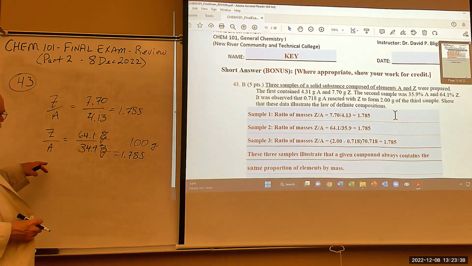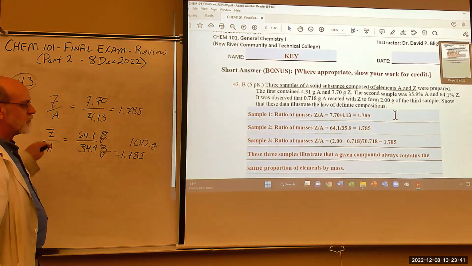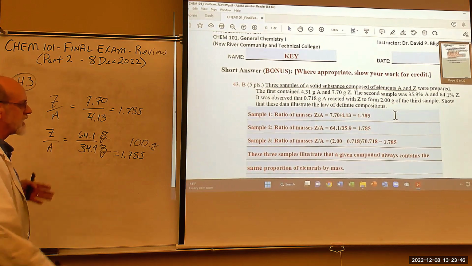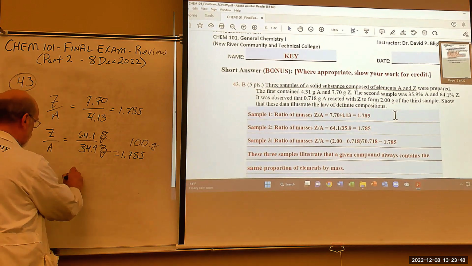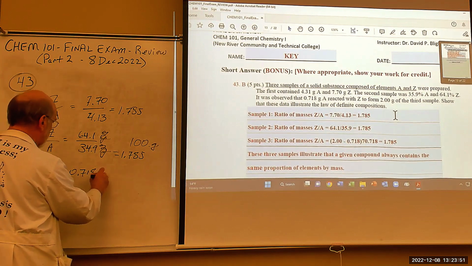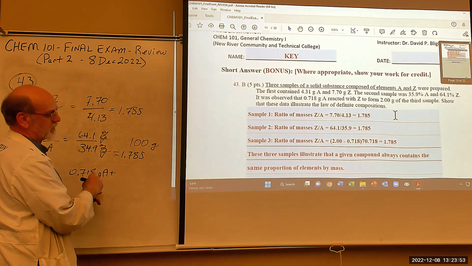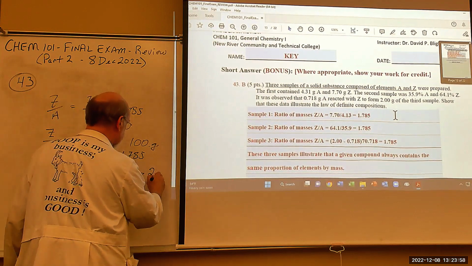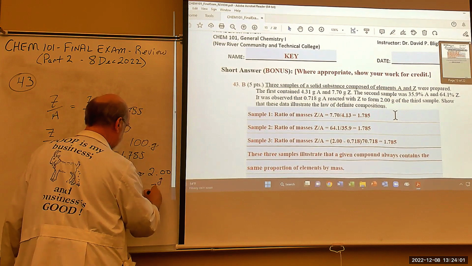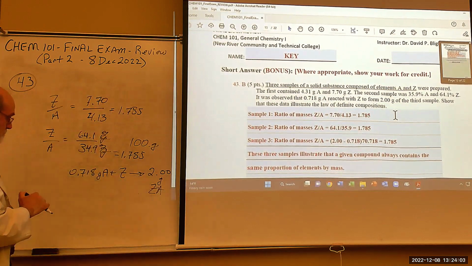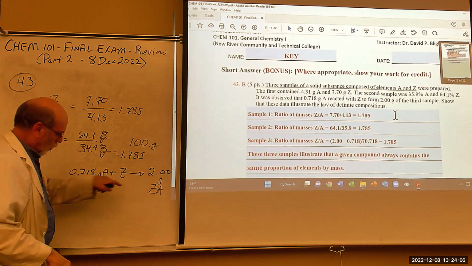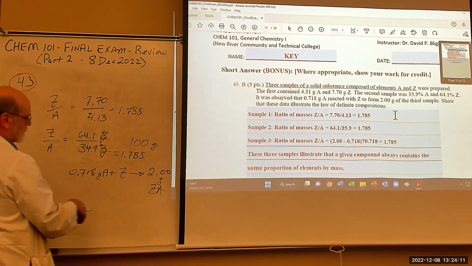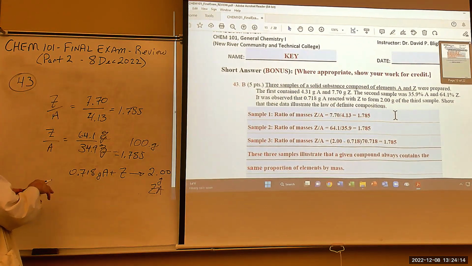The ratio of Z to A for the third compound has to be calculated. It was observed that 0.718 grams of A reacted with Z to form 2 grams of ZA. So what is the composition of this one in terms of A to Z?